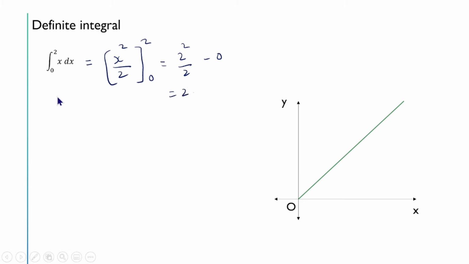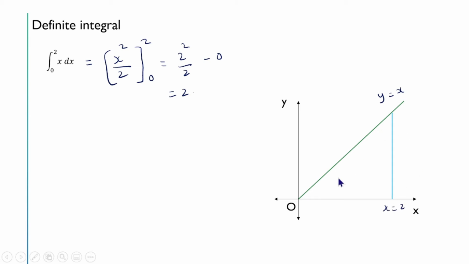Now if we consider f of x is equal to x or y is equal to x, it is nothing but this line. So this is the line y is equal to x. If we consider this definite integral, integral 0 to 2 x dx, then this is the area which is bounded by y is equal to x, x is equal to 0 and x is equal to 2. This is x is equal to 2.